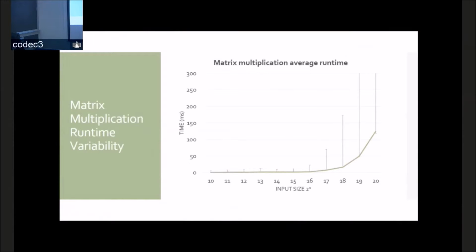But these error bars represent the worst case execution time. And in a real-time system, we have to use the worst case execution time as our upper bound for any time we run the program, because we can't predict beforehand how long the program's going to run.